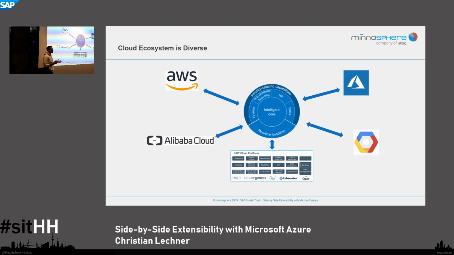You can attach all this to your digital core, also to your Business Suite system if you have OData. There is no real issue not to use Azure or Google if you have stuff you can use from there. You can also combine clouds. You will see that in my example, combining SAP Cloud Platform with Azure.